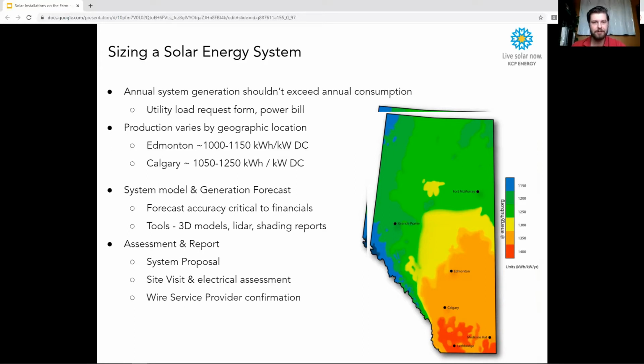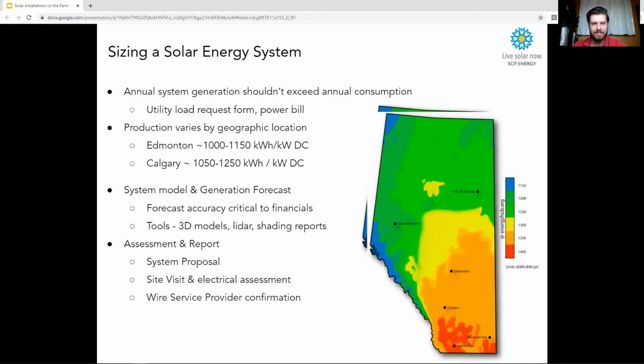Now, the amount of energy that a system can produce is also, of course, going to vary by geographic location. That's what the map on the slide is showing: the more intense red and orange parts of the map are where you're going to receive more production. And of course, towards the north of the province, you're going to receive less.